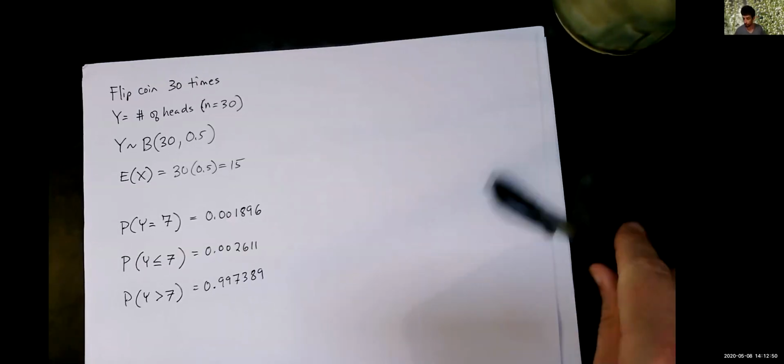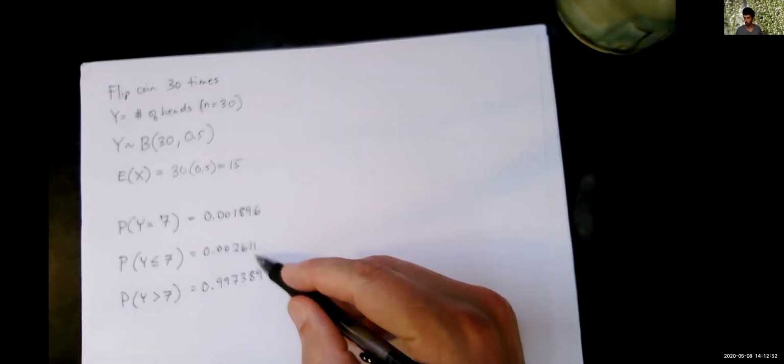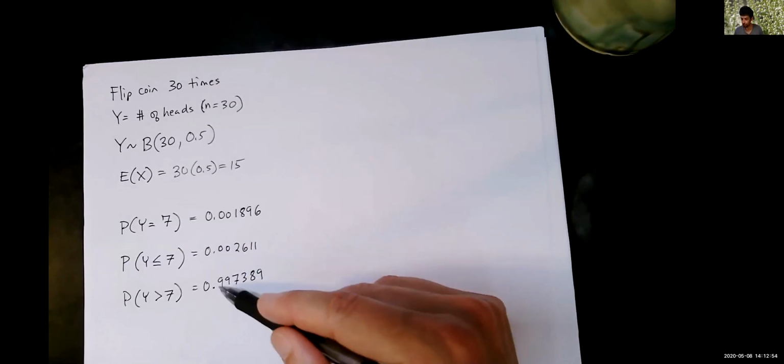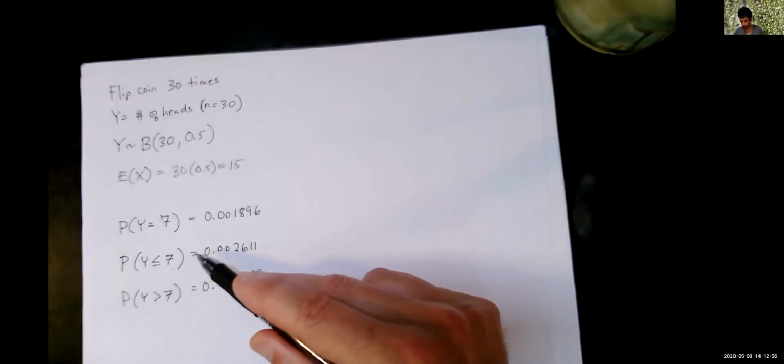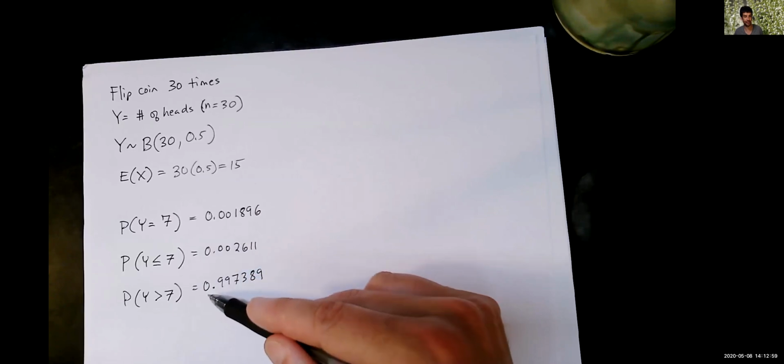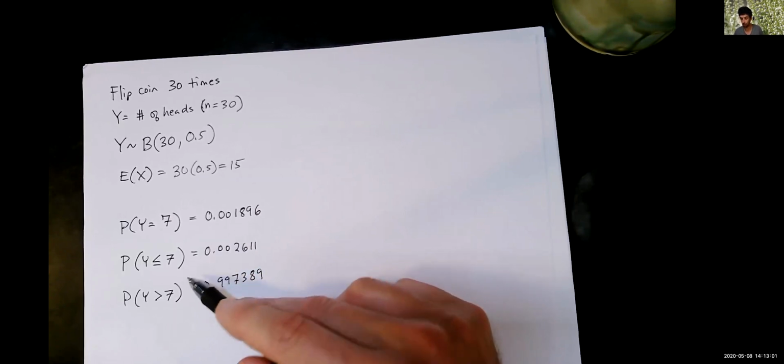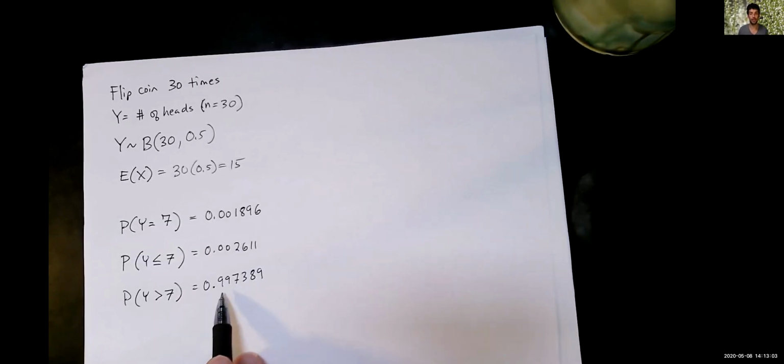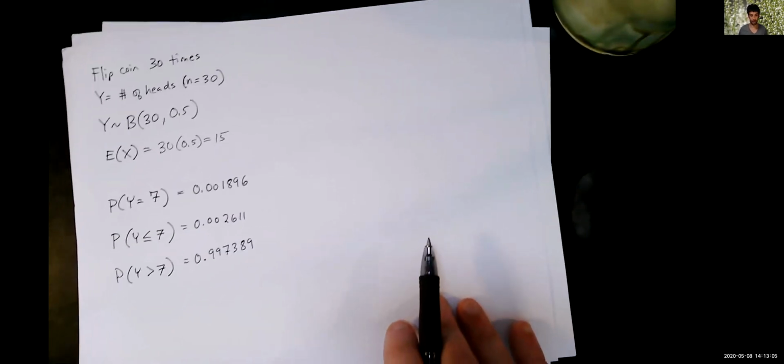Okay, so before we do, I do want to note one thing, that if you look closely at these two numbers here, the probability of x less than or equal to 7, and the probability that x is greater than 7, those are the complements to each other, right?